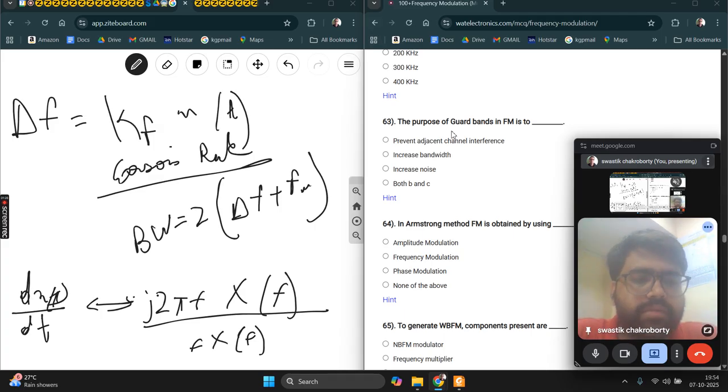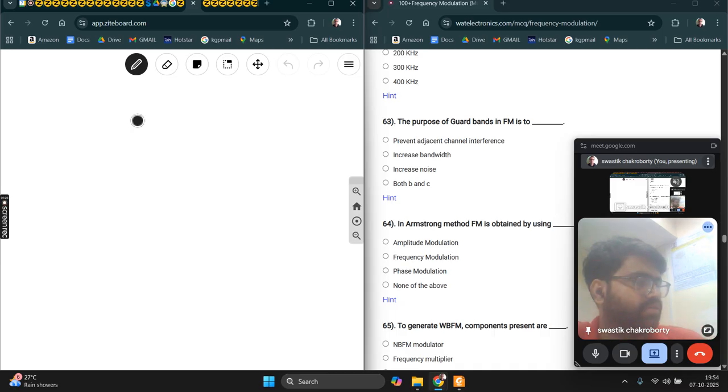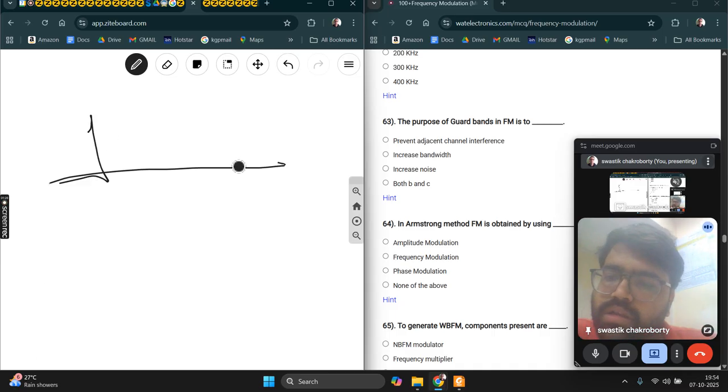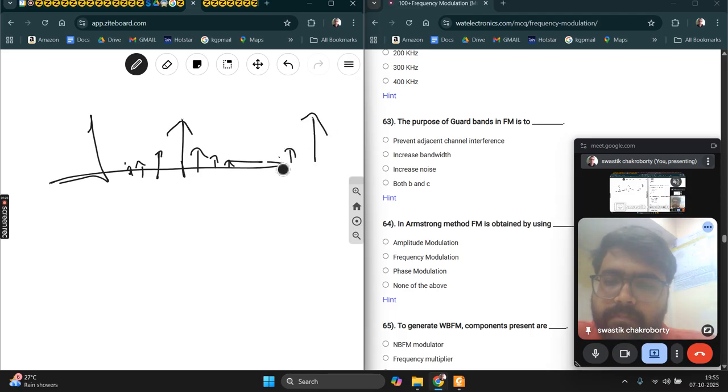Okay, the purpose of guard bands in FM is to prevent adjacent channel interference, increase bandwidth, increase noise. So, for guard bands, say that you are transmitting one FM signal here, and you are transmitting another FM signal here. So, there has to be some kind of a gap.